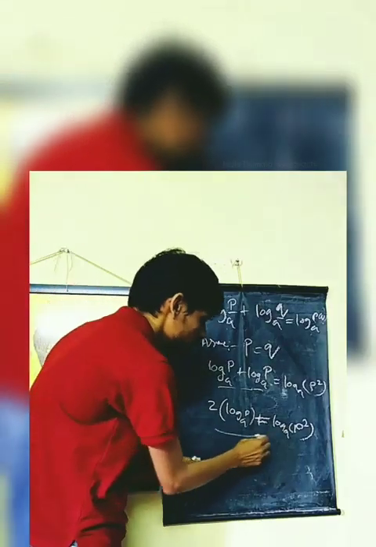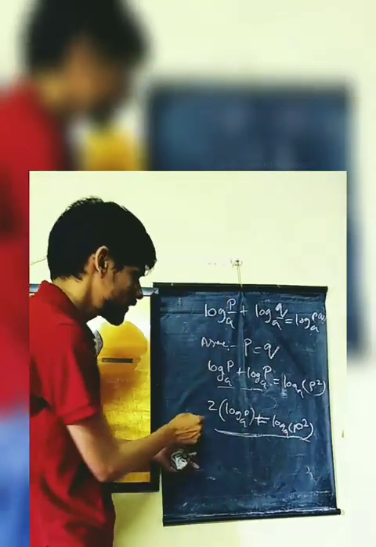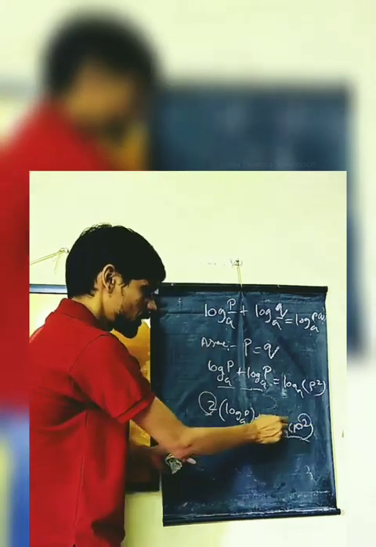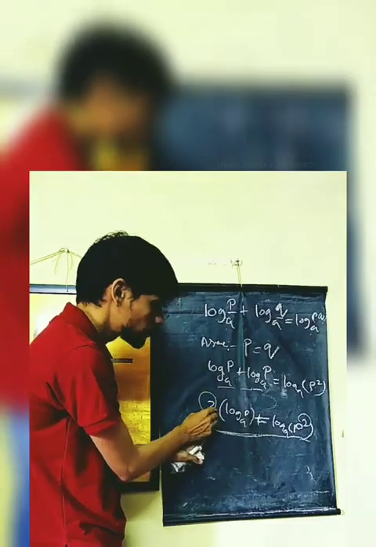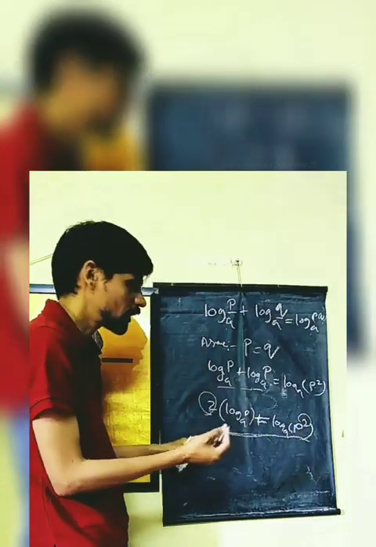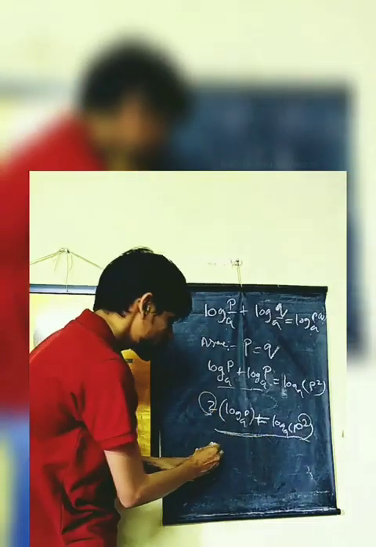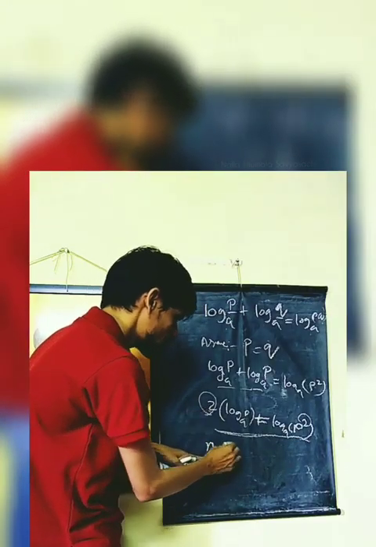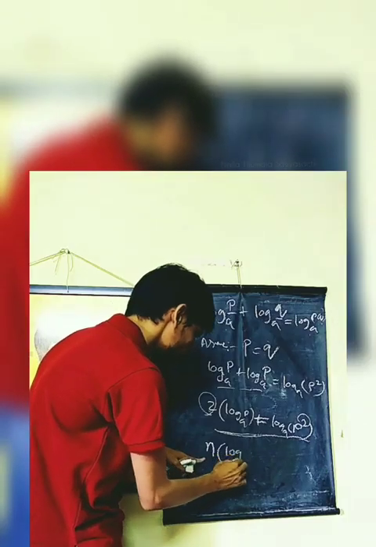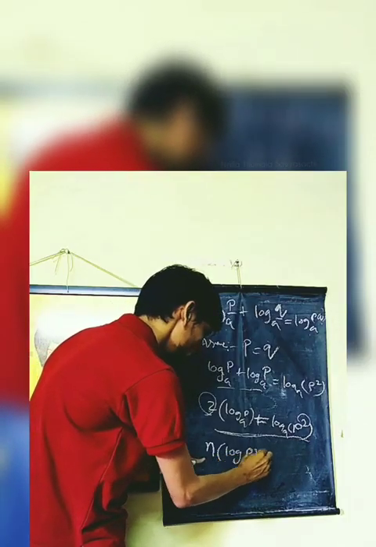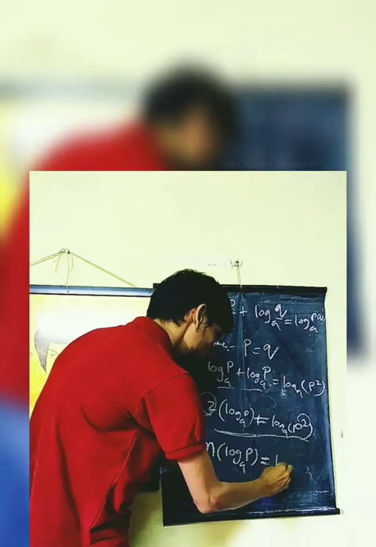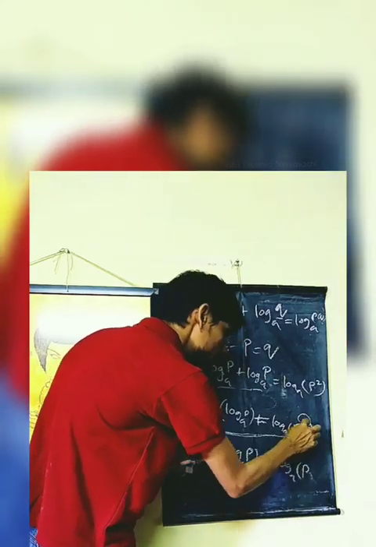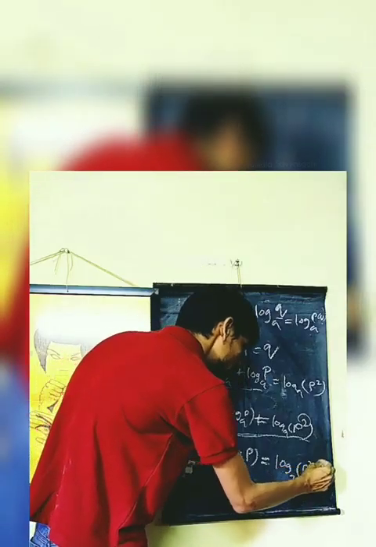If you observe this, this value is here. Both are the same. So that means instead of 2, if I place another character, let's imagine I am placing n. Instead of 2, I am placing n here. Log a p equals log a p, instead of 2 I am placing the same n.